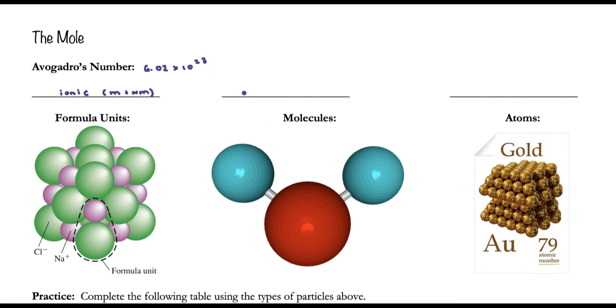And that would occur when I have a covalent compound. Remember, a covalent compound is going to be one that has 2 nonmetals. All right? And then finally, I could have 6.02 times 10 to the 23rd atoms. And that's when you simply have an atom all by itself, one single atom or element.